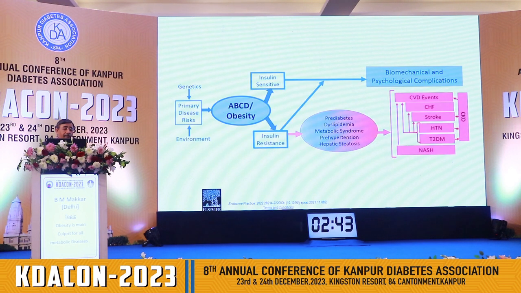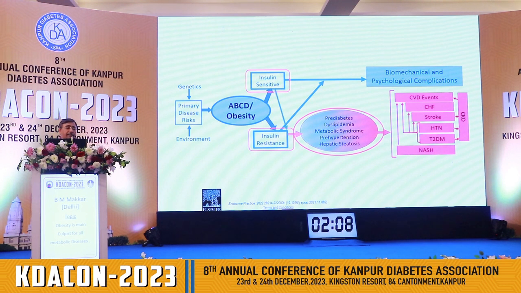So in a nutshell, genetics and environmental factors lead to a situation which leads to development of ABCD, or so-called adiposity or obesity. Now at this stage, one can be insulin sensitive or insulin resistant. So if there is insulin resistance and increased free fatty acid turnover, it leads to development of pre-diabetes, diabetes, metabolic syndrome, pre-hypertension, hepatic steatosis, and down the line, development of diabetes, hypertension, NASH, increased risk of CVD events, and so on.